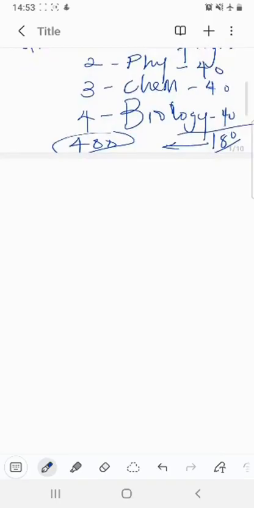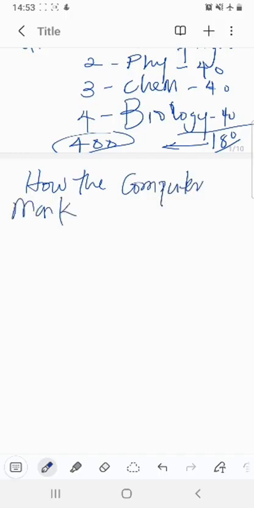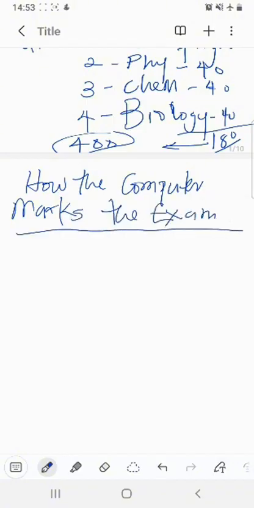Now, the next thing we are going to look into is how the computer marks the exam.